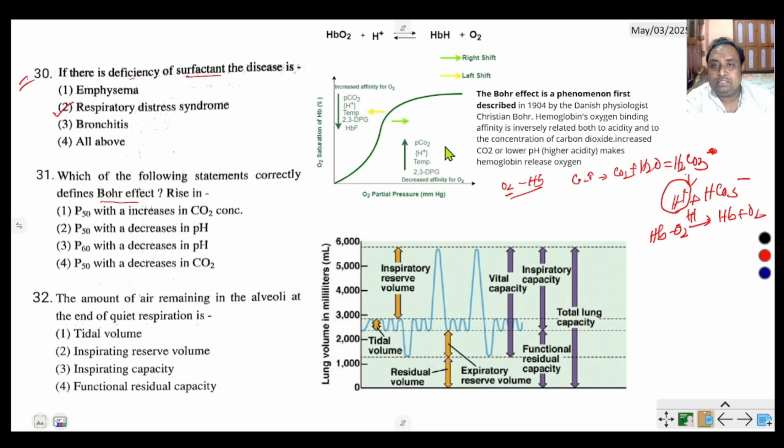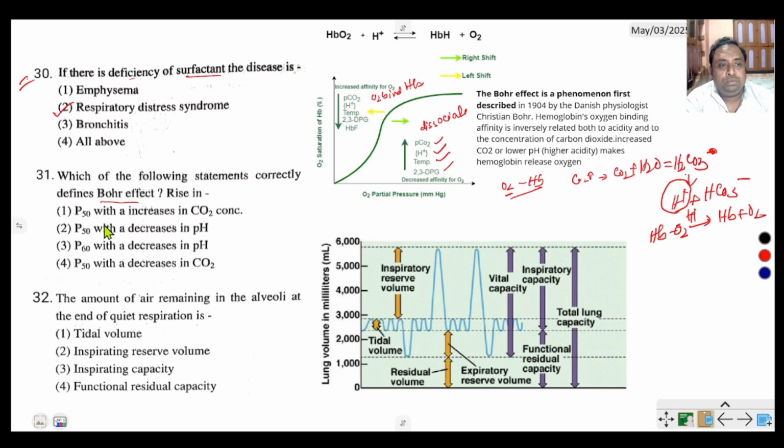Now, when CO2 concentration is high, or H plus concentration is high, or temperature increases, or 2,3-diphosphoglycerate concentration is high, that is oxygen dissociation. This is called the oxygen dissociation curve. Oxygen dissociates from hemoglobin when these features increase; when these features decrease, oxygen binds with hemoglobin.